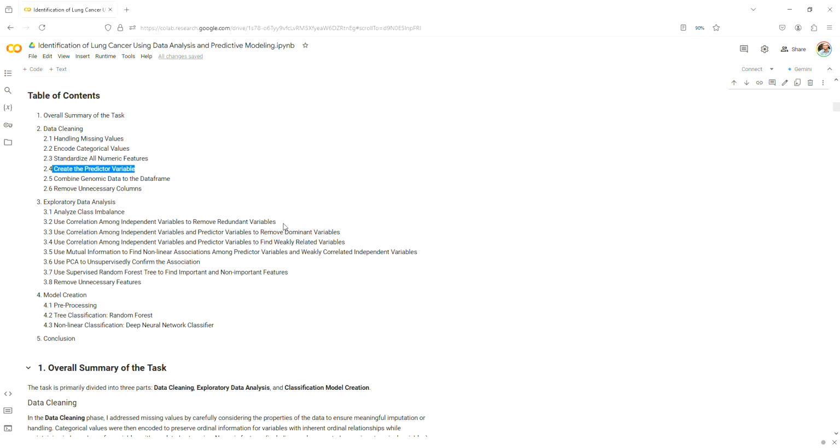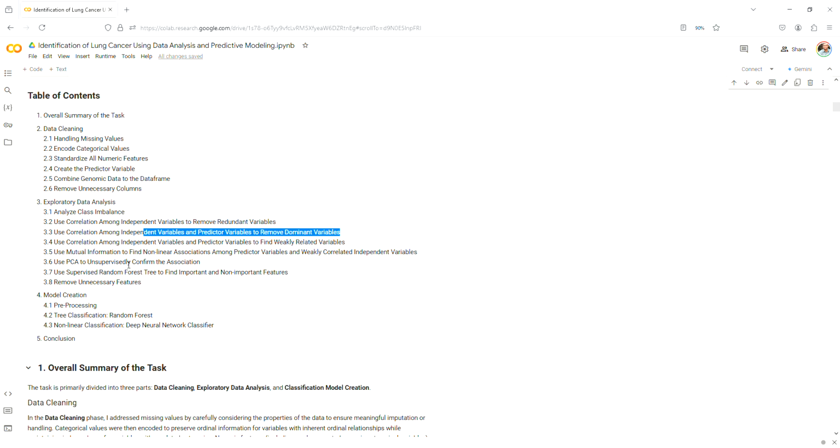The easiest step, I thought, was correlation analysis. So I first applied correlation among the independent variables and removed the redundant variables. Then I used the correlation among the independent and predictor variables to remove the dominant variables.